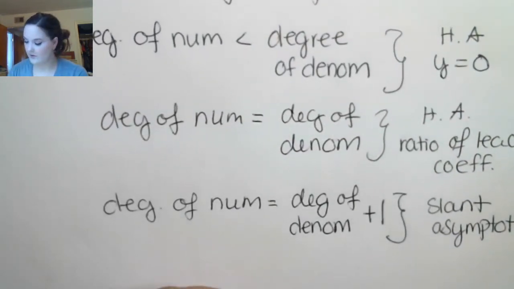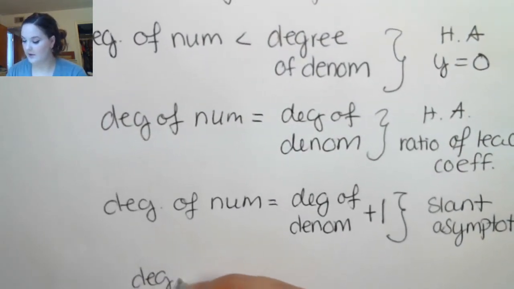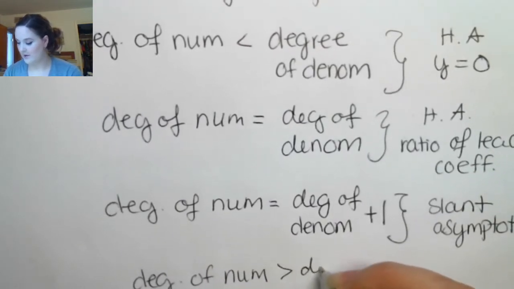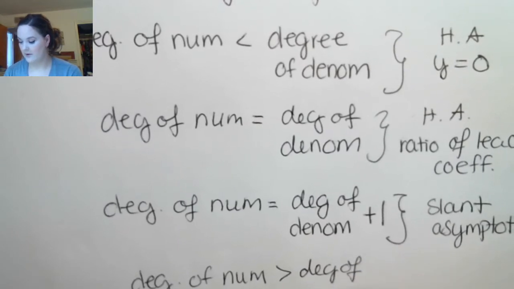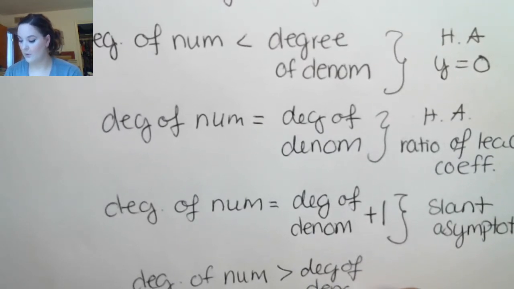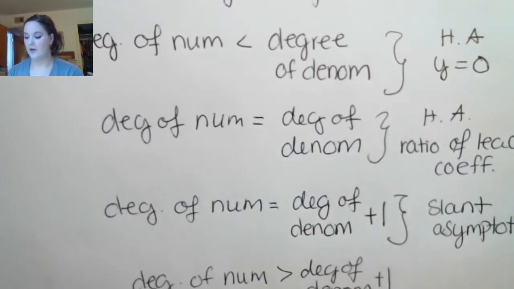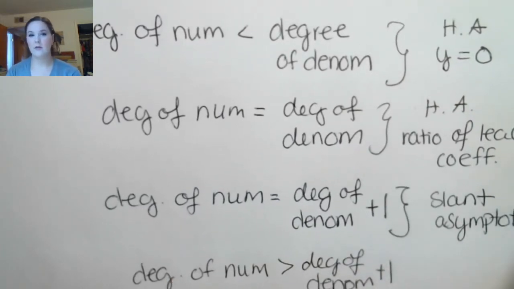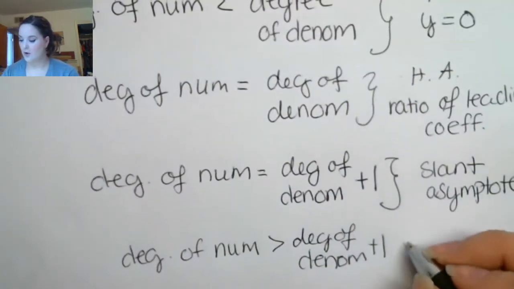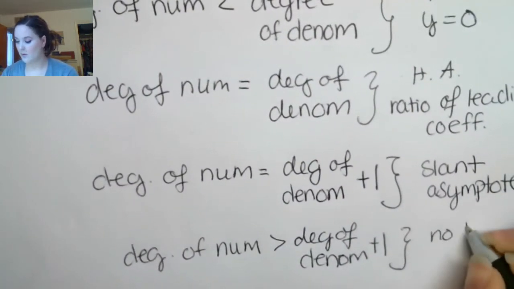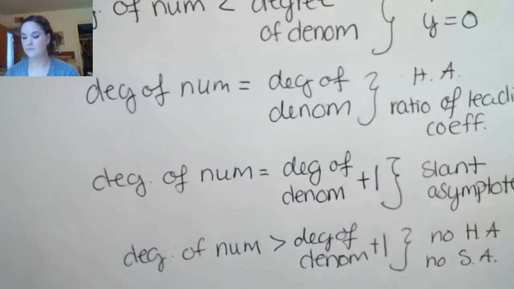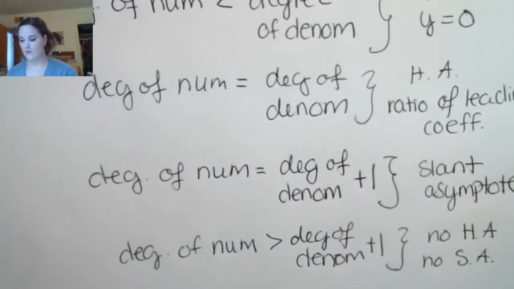Okay, and if you have that the degree of the numerator is more than the degree of the denominator more than 1, right? So for example, if this is 1 and this is 6 or something like that, then there are no horizontal asymptotes and no slant asymptotes. Okay, so let's look at an example.